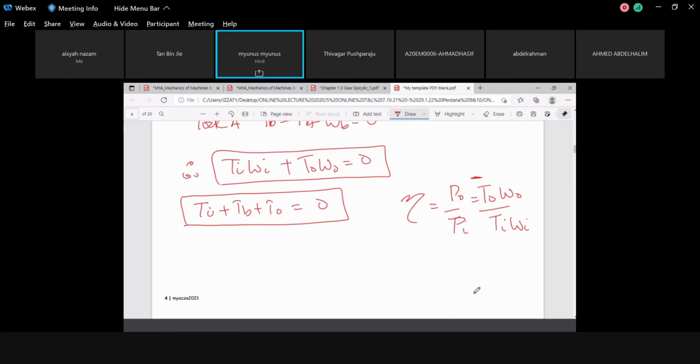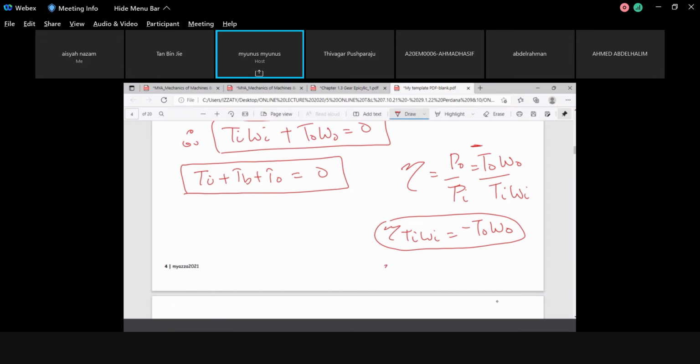So if you simplify the equation, you will have efficiency Ti omega I equal to negative To omega O. This equation is not very nice, so you solve it to become the equivalent equation: efficiency Ti omega I plus To omega O equal to 0. These two equations are very, very important in solving any torque problem in the epicyclic gear.